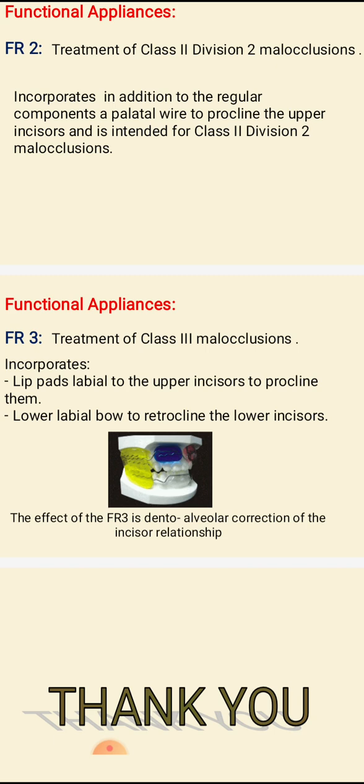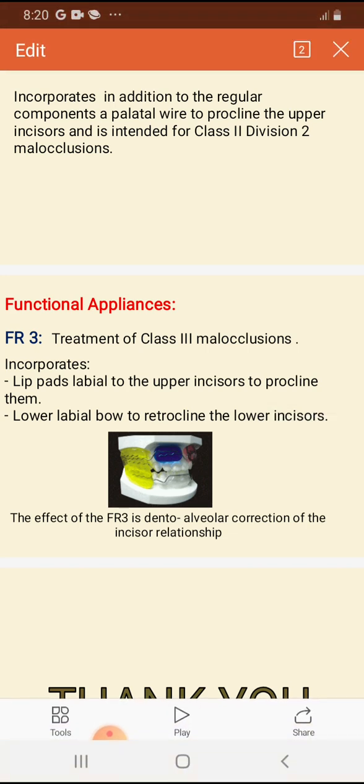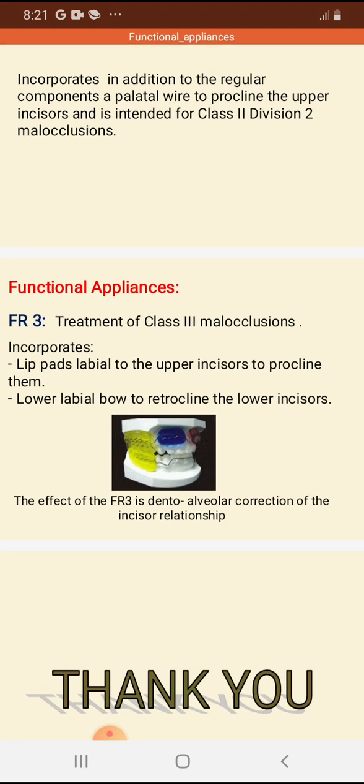We also have a lower labial arch to retrocline the lower incisors. Both proclination of the upper incisors and retroclination of the lower incisors are advantageous for correction of class 3 malocclusion. So the effect is mainly dentoalveolar, as we said.